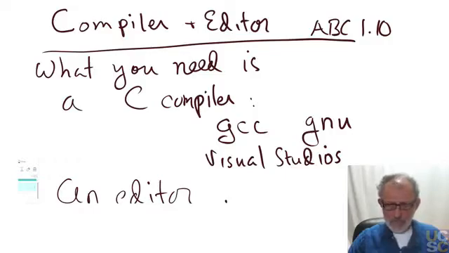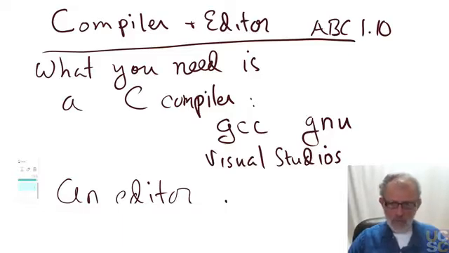Okay, what are the tools? A C compiler that's freely available and generally can be installed on most any computer system is the GNU compiler. The GNU compiler has as its command GCC.